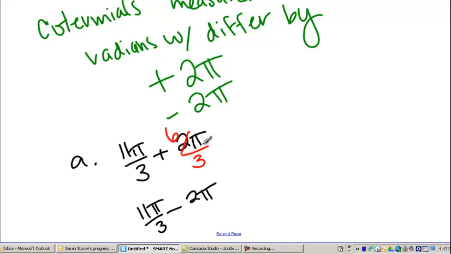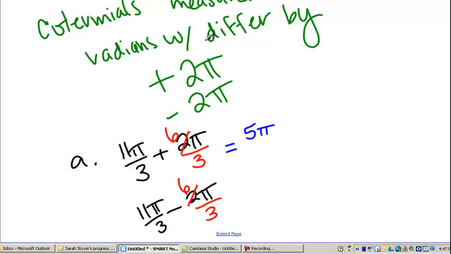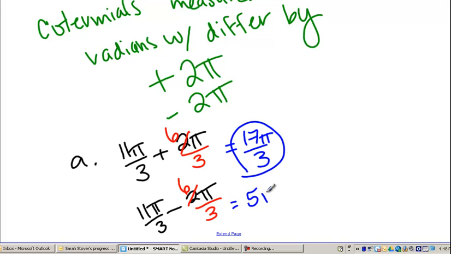So we have 6 pi over 3, which is the same thing as 2 pi. And then we're just going to add and subtract. So 11 plus 6 is 17 pi over 3 is one coterminal angle with that, and we got 5 pi over 3.